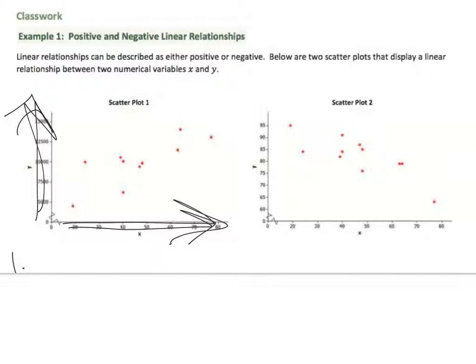Does the value of the y variable tend to increase or decrease as the value of x increases? If you were to describe this relationship using a line, would the line have a positive or negative slope? It is an increase, therefore a positive slope. The relationship displayed in scatter plot 2 is a negative linear relationship.